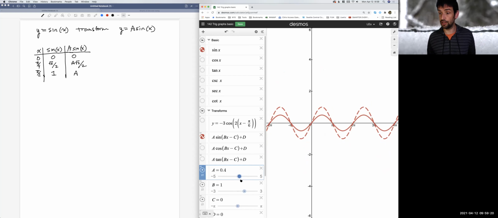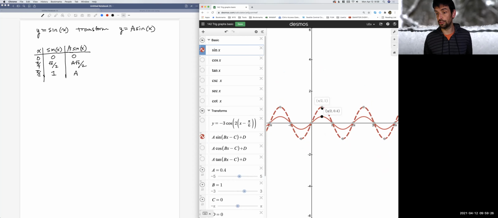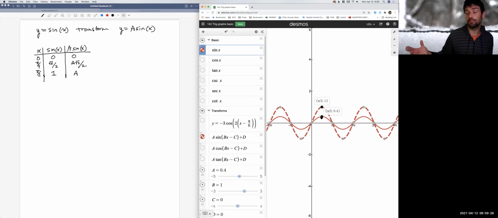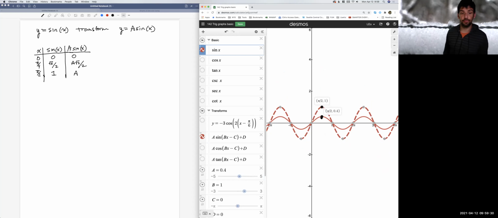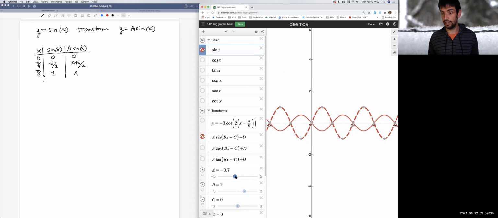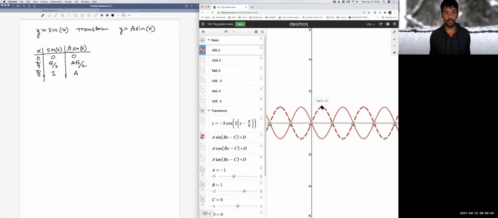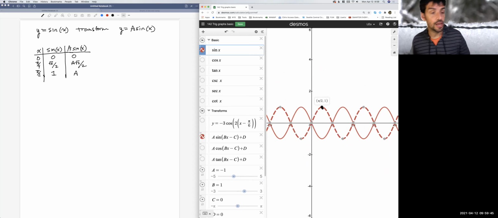If a was smaller than 1, we would shrink each point. So here I'm at a point where a is 0.4. So the point that was at 1, the output was 1. Now the output is 0.4. So we get this vertical compression. And then, of course, if it's negative, so here, for instance, is -1, we've just flipped the whole graph, right? Everything has flipped upside down.